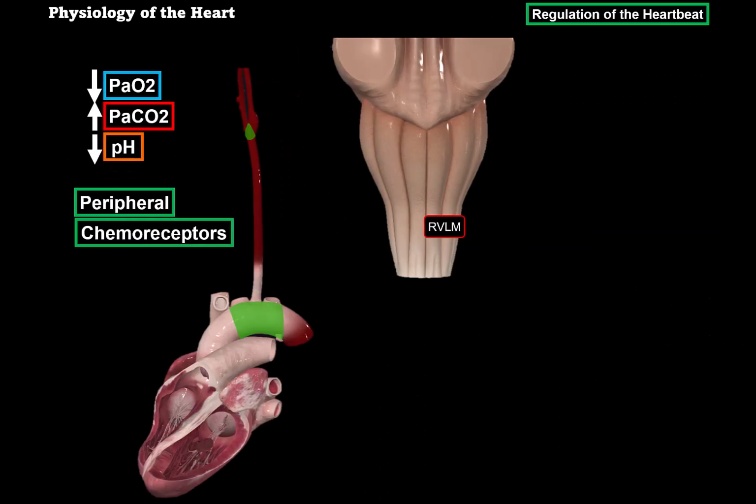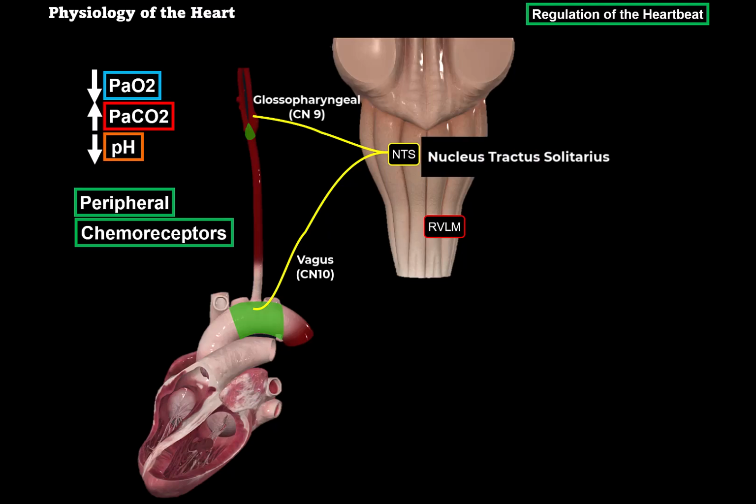Now, afferent nerve fibers will now travel from the peripheral chemoreceptors via the glossopharyngeal nerve from the carotid bodies and via the vagus nerve from the aortic bodies, and they will go to nucleus tractus solitarius.